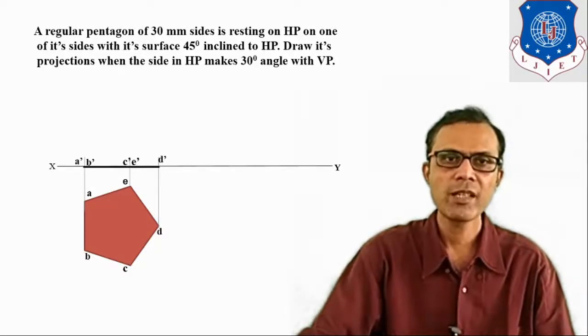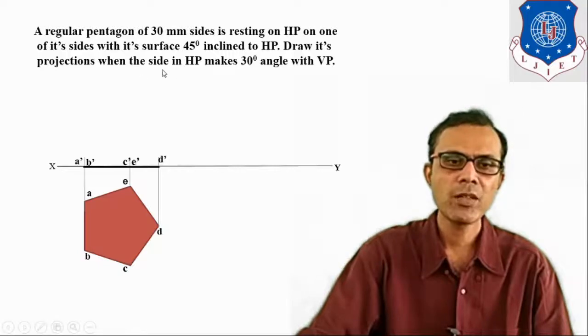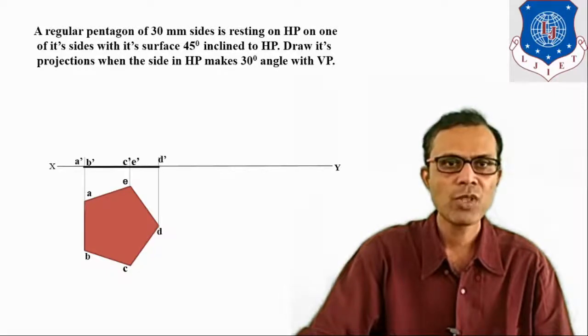Now for second stage, the surface is inclined to HP at 45 degree angle. So when surface is inclined at 45 degree with HP, its length of front view will not be changed, but its true shape will be changed, and the size of the pentagon in second stage top view will also be changed.